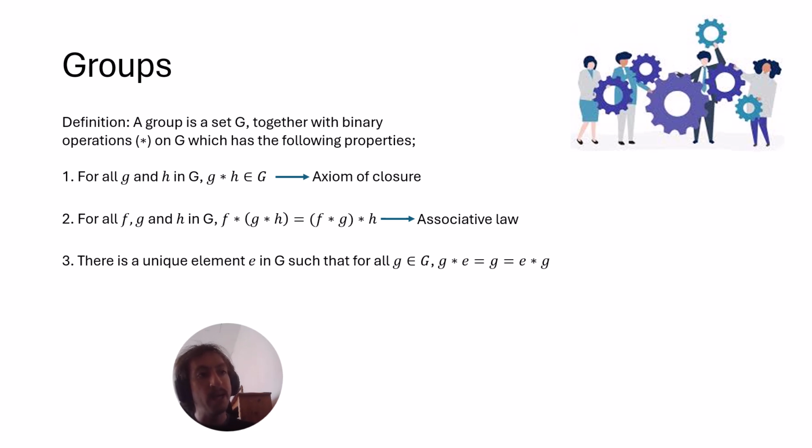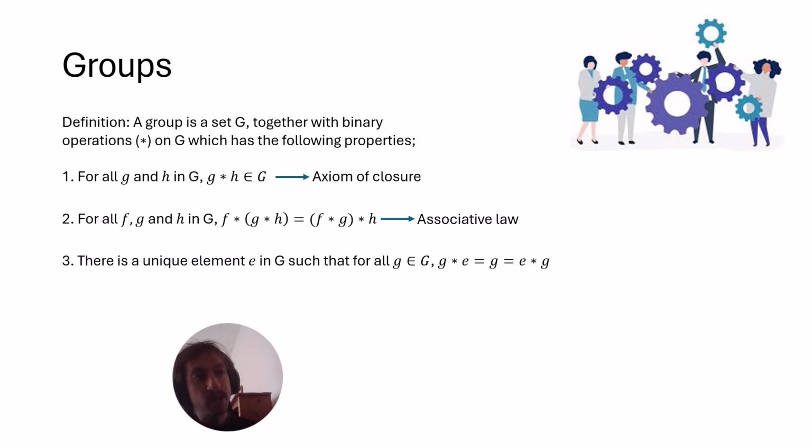And then we have our third criterion, and that is that within the set there is some unique identity element, which I'll call E. I think sometimes E is called the neutral element. I might be mistaken there, but I generally call it the identity element. And traditionally we always use E to represent it. I don't know why, but we do.